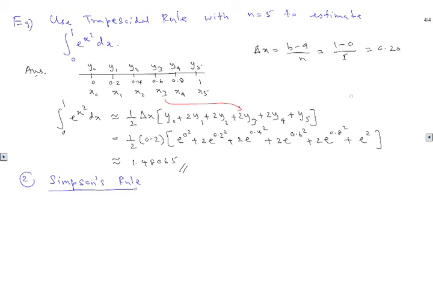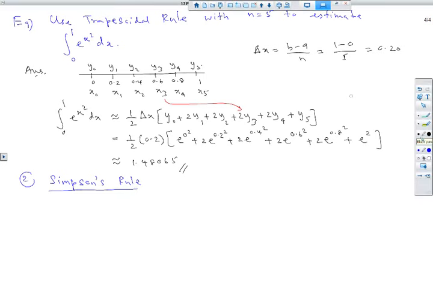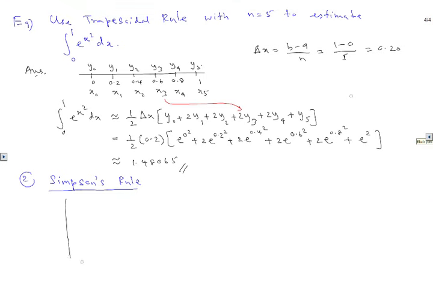So what is Simpson's rule about? Let's say this is your graph. As before, you again divide this into equal subintervals. We start with a, and then this is b, divided into n parts. We still divide into equal subintervals, but what is different here?